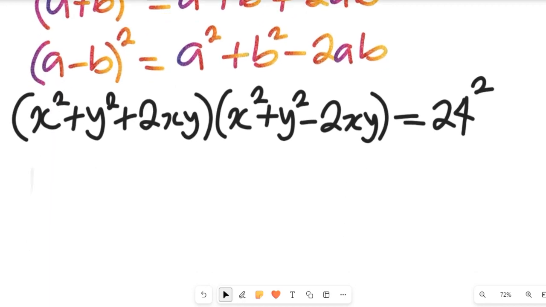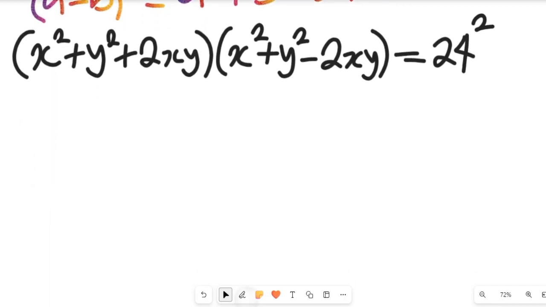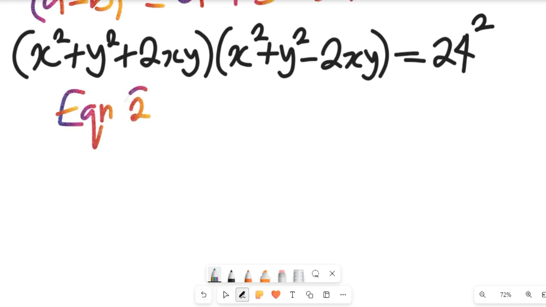Having done this, we need to recall from equation 2 that xy is equal to 35.